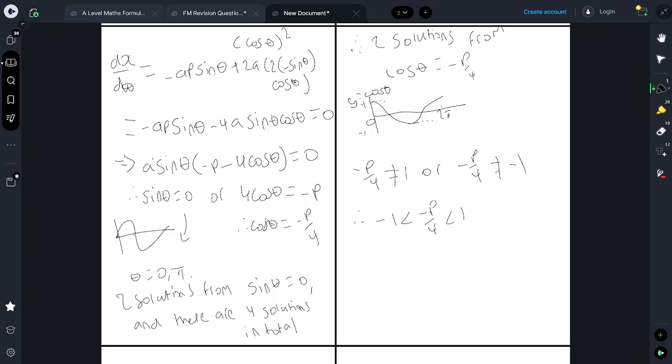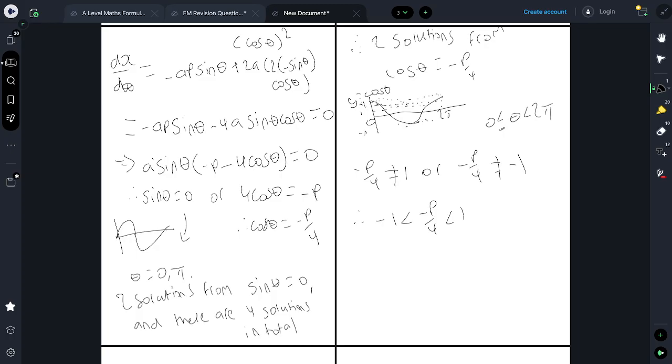Because if it's between minus 1 and 1, if you draw a line here, any line, it's going to cross the graph twice, right? The only time it won't cross the graph twice is when it's at the peaks. Okay, and obviously, like I said, 2 pi is not a solution here, so y cannot be 1, and it cannot be minus 1. So it has to be strictly between minus 1 and 1 in order to guarantee us 2 solutions in the range.